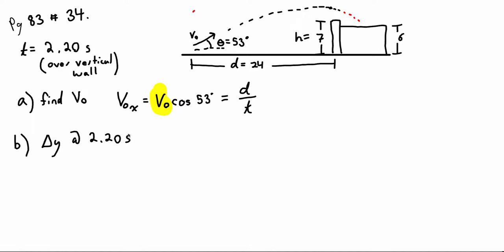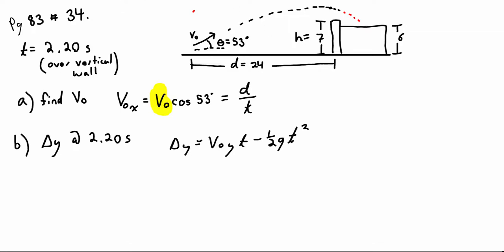To do that, I'm going to use my equation delta y is equal to v0y times time minus 1/2 g t squared.